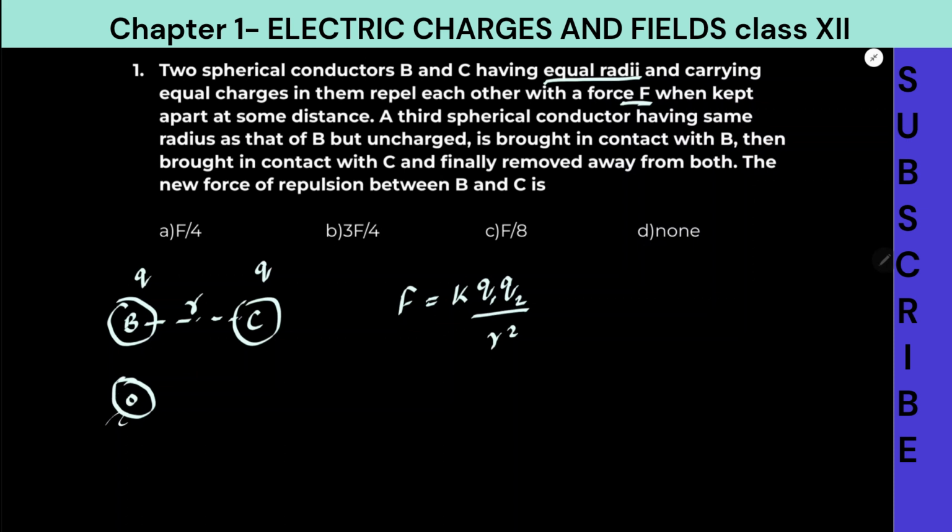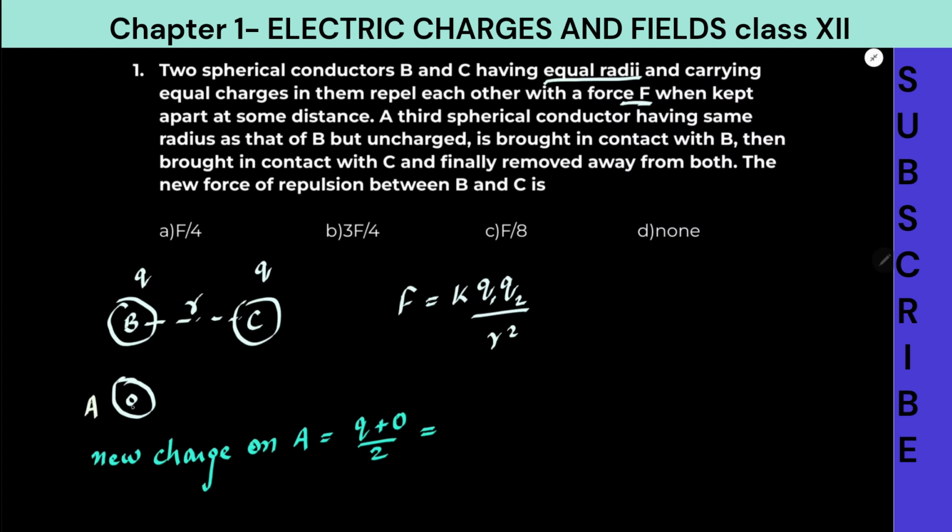So let's call the third conductor A, and let's touch it with B. When you touch it with B, what is the new charge on A? The new charge on A will be equal to Q plus 0 by 2. Why Q plus 0 by 2?